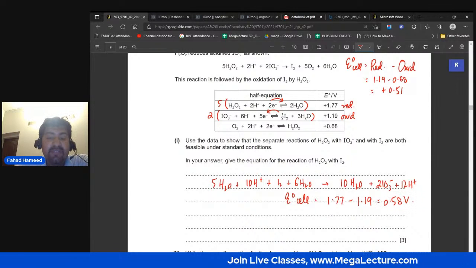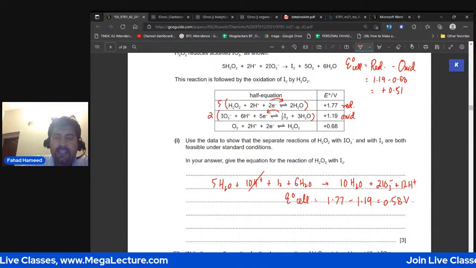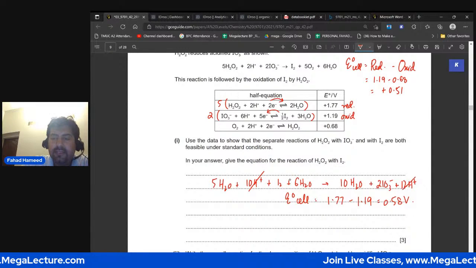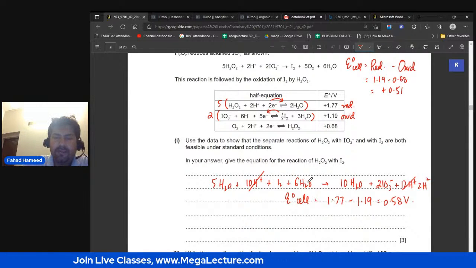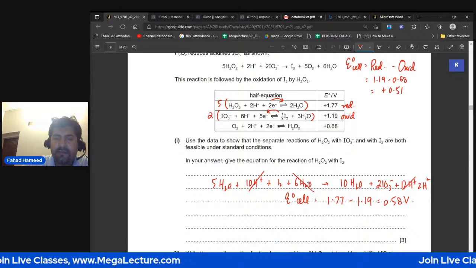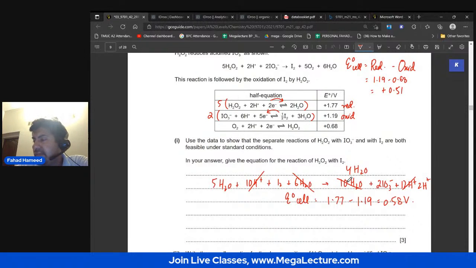So you're getting a positive value, so this reaction is feasible. And make sure when you get this equation, cancel out anything that can be cancelled. So instead of 12H plus, there's going to be 2H plus on this side. And the 6 water molecules are going to get cancelled out as well. Cancel it like a math equation: take the 6 water molecules to the other side, that's going to be 10 minus 6.